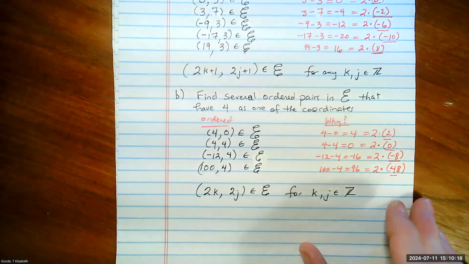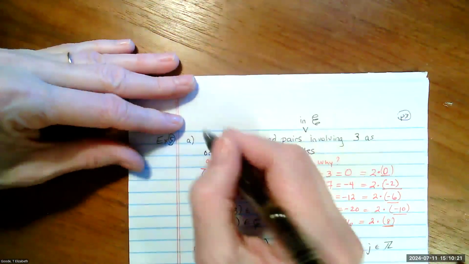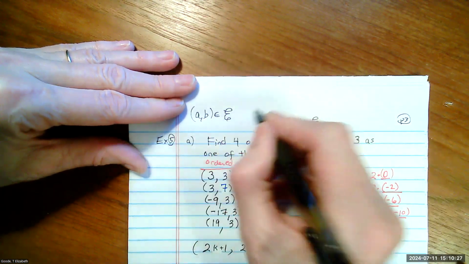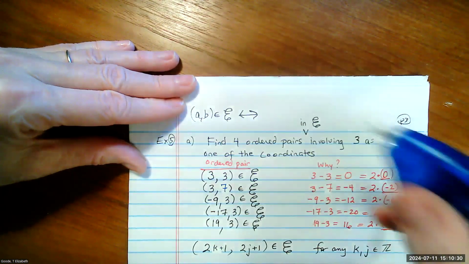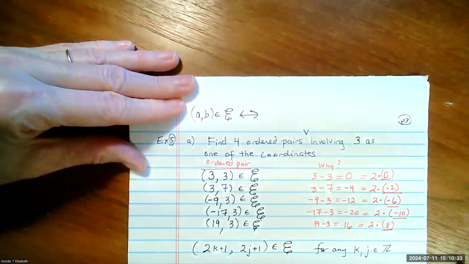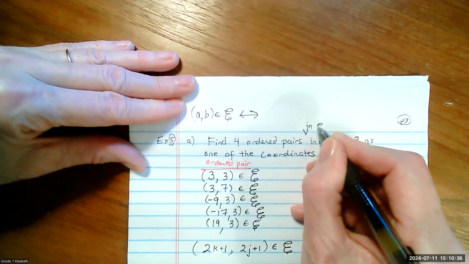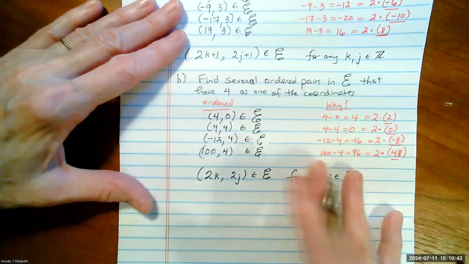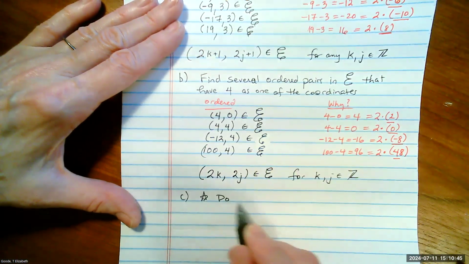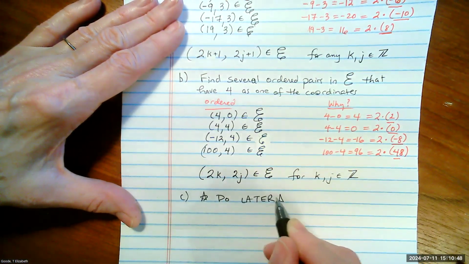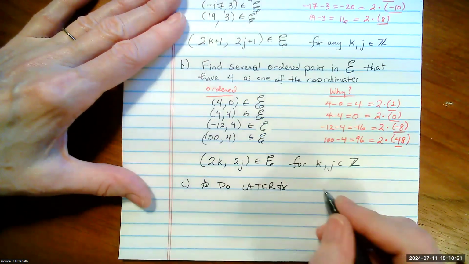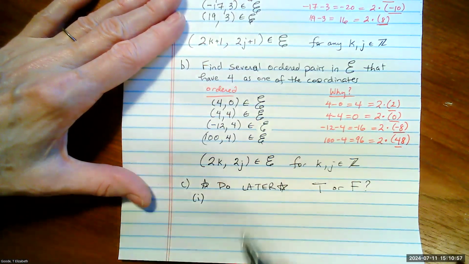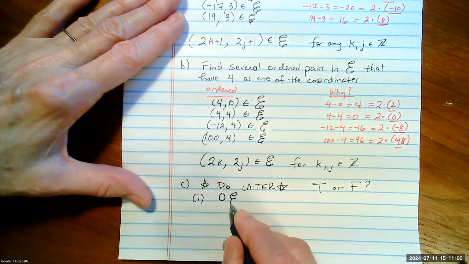So I'll just leave you with a do later. I'm just going to put the definition up here: A, B is in E if and only if 2 divides A minus B. True or false? 0 is E to 0.